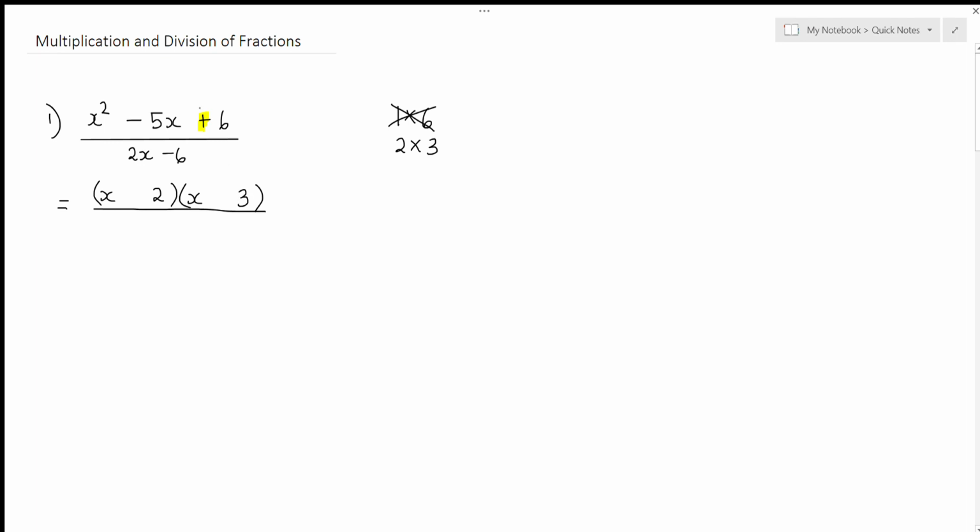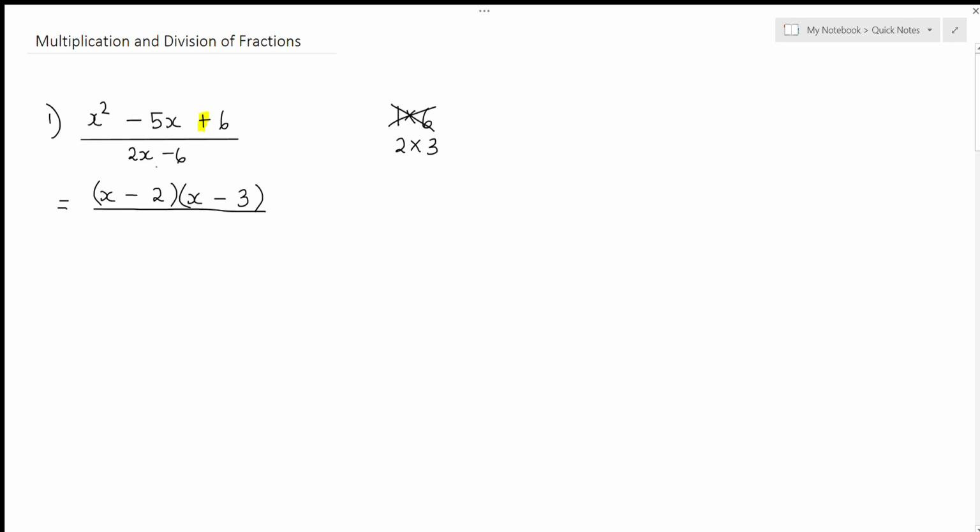Now remember that if we have plus 6 here, it means that we have to have either a positive and a positive, because a positive times a positive will give me a positive, or a negative times a negative. Now, because we have negative 5x here, we know that both would be negative, because a negative times a negative will give me a positive, and minus 3x minus 2x would give me minus 5x.